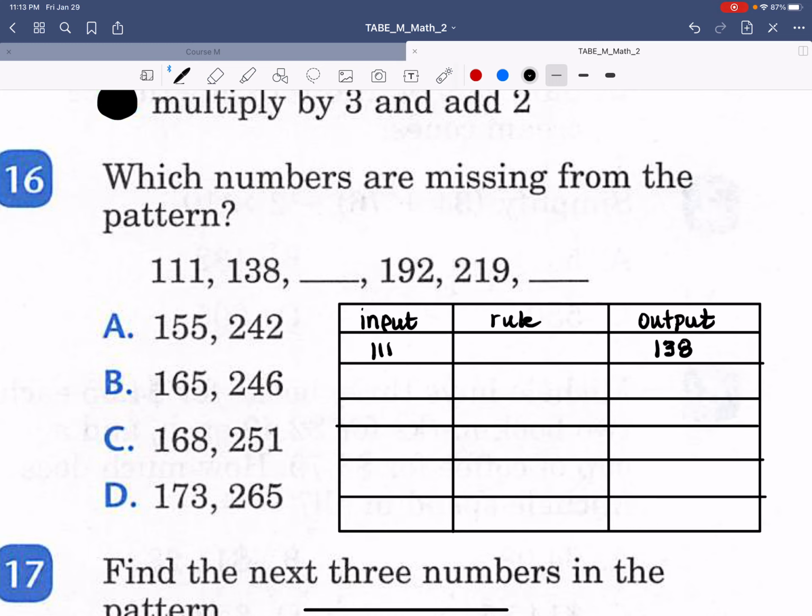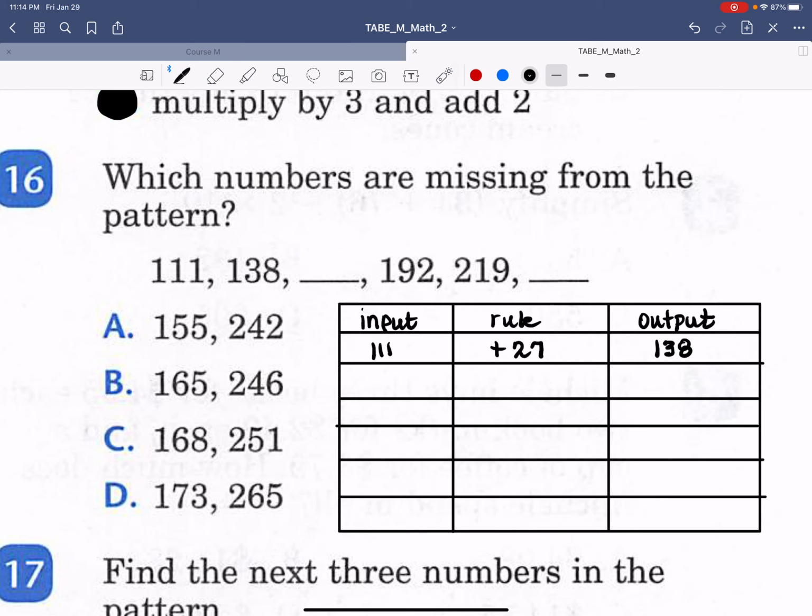That's building up, and it's not a lot. 111 to 138, that's not a very big jump. Let's see what it is. 138 minus 111 is going to be 27. So I think the rule is add 27.